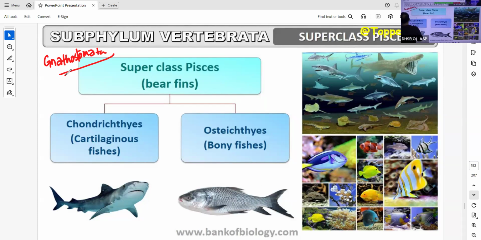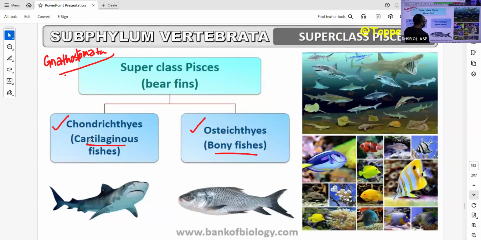One is Chondrichthyes, the other is Osteichthyes. Chondrichthyes are cartilaginous. Similarly, Osteichthyes are bony fishes.